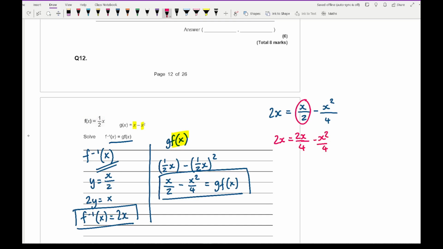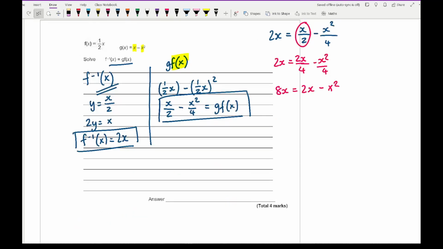And if I multiply everything by 4, I end up with 8x equals 2x minus x squared. Then taking the 2x over to the other side, we end up with minus 2x, so we end up with 6x equals minus x squared.